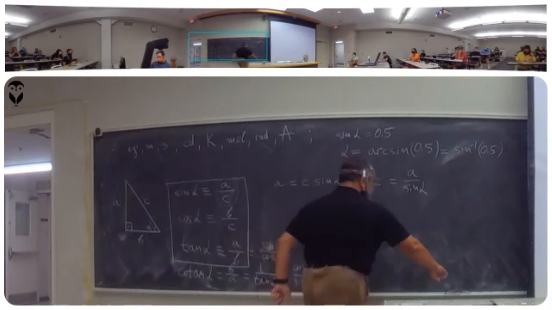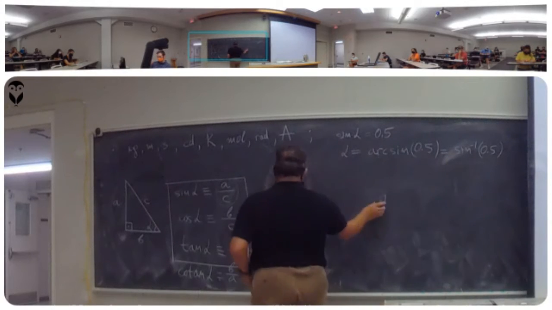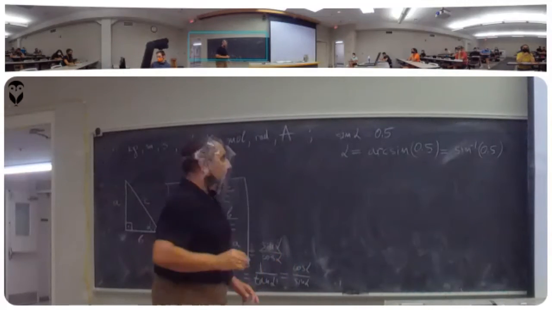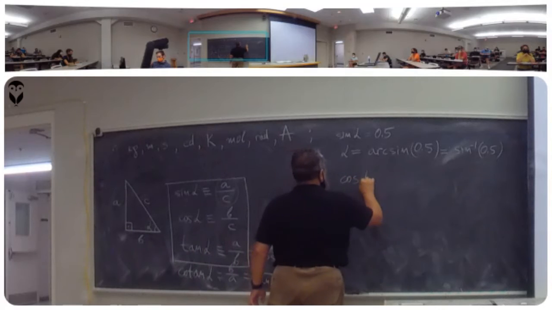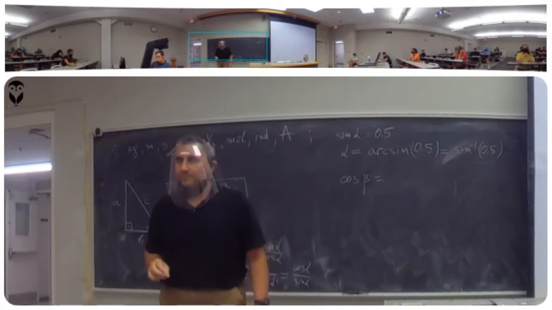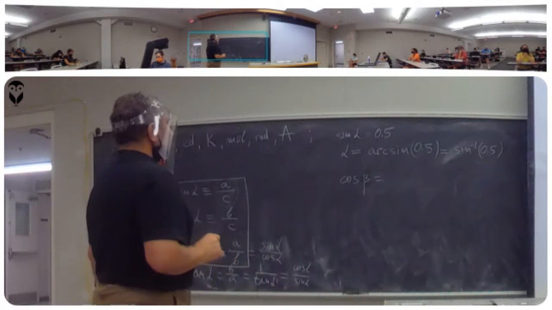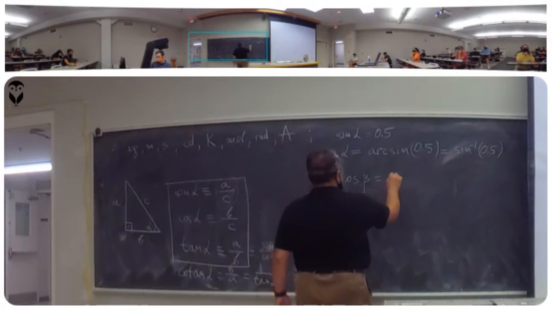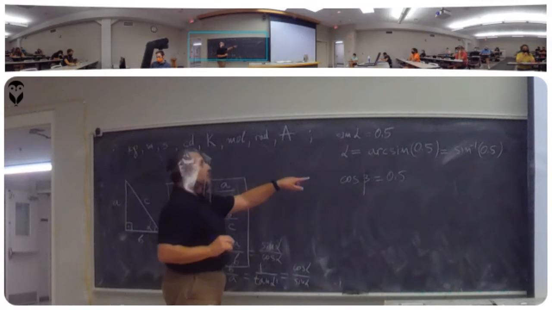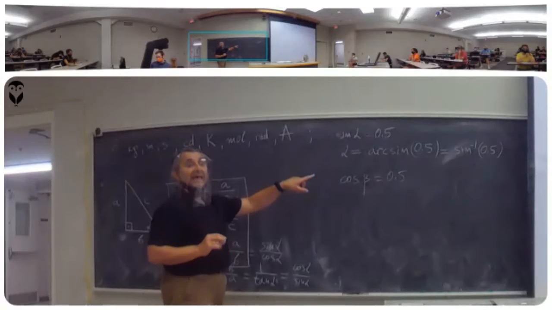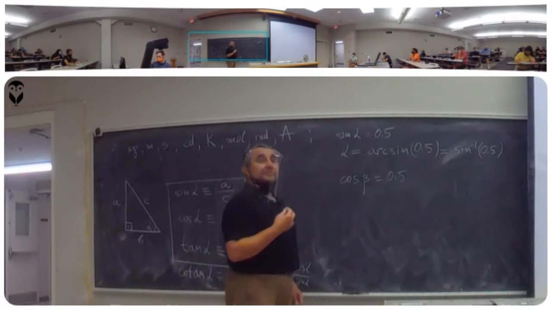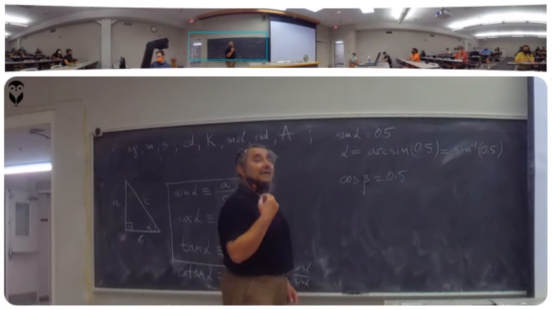For example, if you're told that cosine of a certain angle beta is, let's say again, 0.5, and you're asked which angle beta has cosine of 0.5, the answer is given in terms of inverse cosine, or arc cosine.